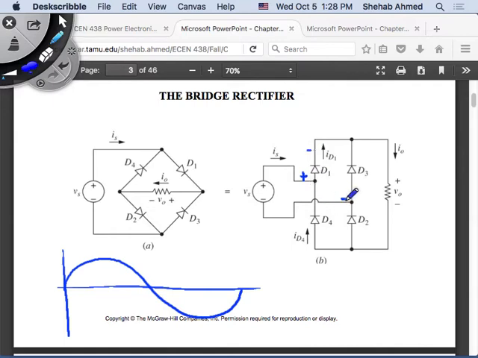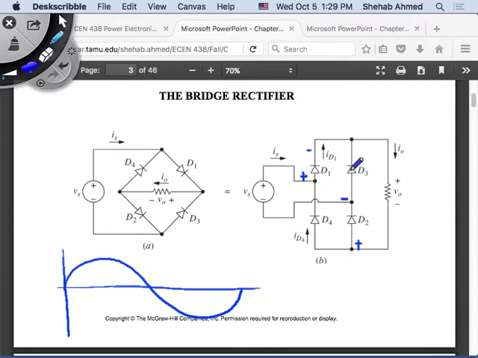If this is the most negative terminal, then this is definitely more positive, right? So then this diode has a circuit connected here that will allow current to flow, and certain diodes have favorable conditions to conduct. Let's see which ones. If the voltage here is more positive than here, this has a favorable condition to conduct.